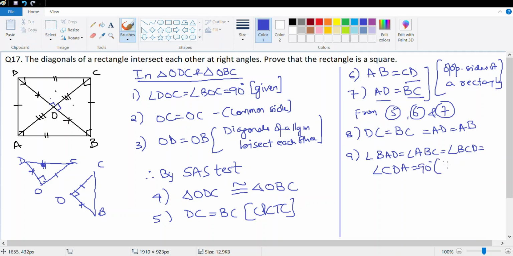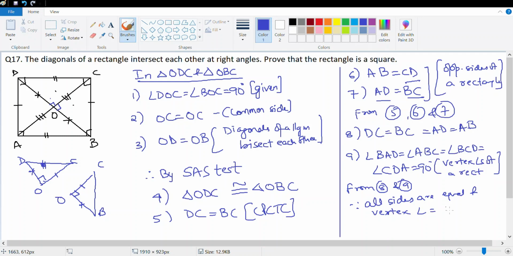This is vertex angles of a rectangle. Now from 8 and 9, since all sides are equal and vertex angle is equal to 90 degree, therefore quadrilateral ABCD is a square.